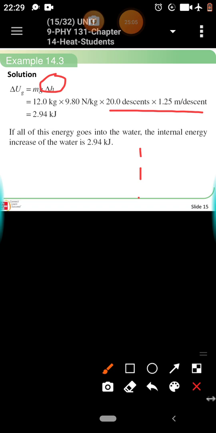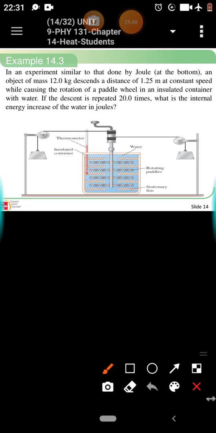So now they have this as their potential energy. If all this potential energy goes into the water, then the internal energy increase of the water will be this amount.